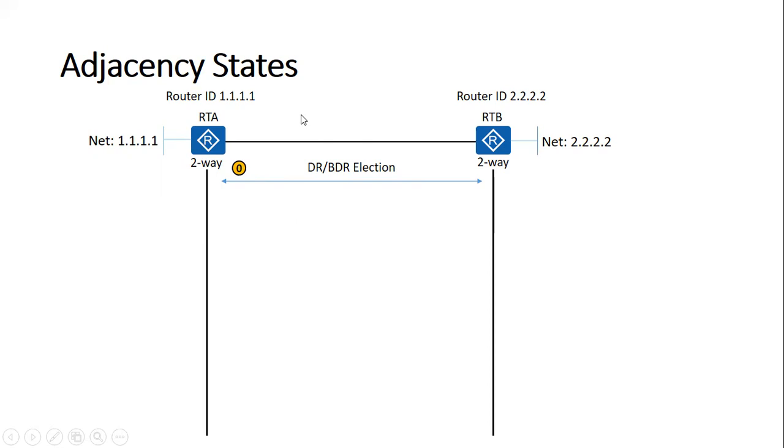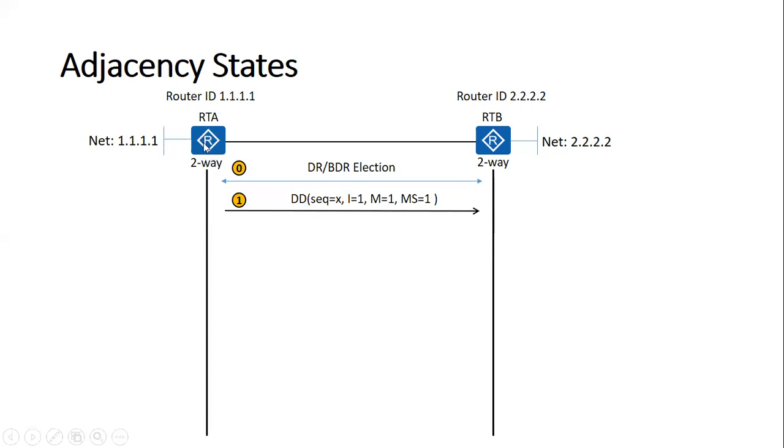The first step of forming adjacency is called Exstart. In the Exstart state, remember we had those packets: the first was the hello packet, and the second packet was the database description packet. Router A will send a database description packet, and the database description packet contains a brief of all the link state advertisements it has.